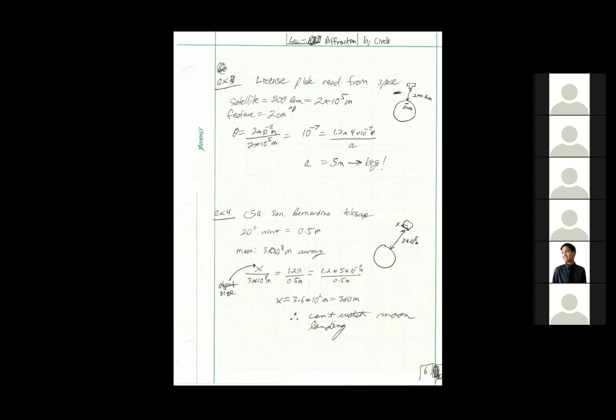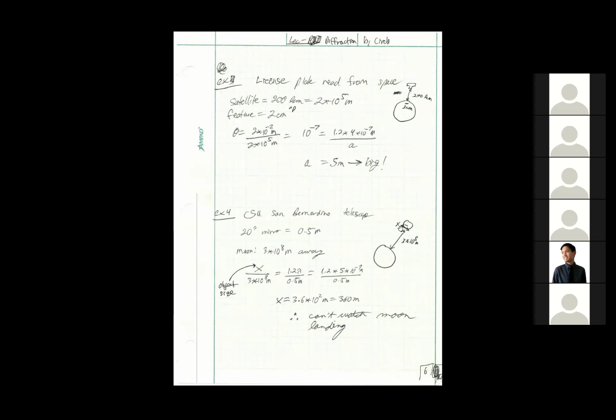The moon is about 3 times 10 to the 8th meters away. The angular size of an object of size x would be x over 3 times 10 to the 8th, which would be 1.2 lambda over the diameter. So you would get 360 meters for this feature size.